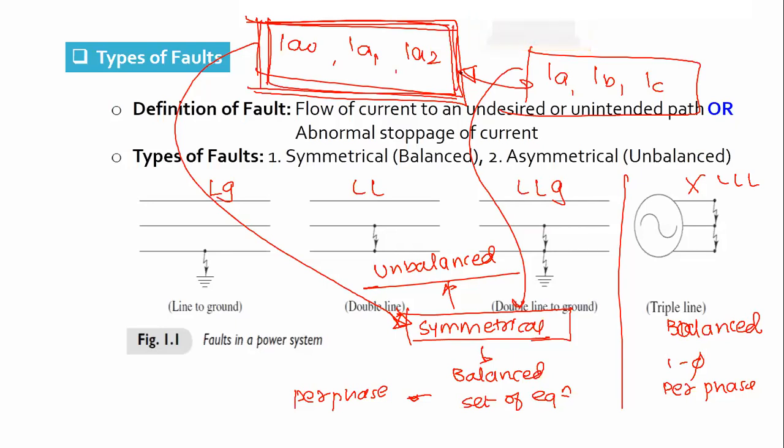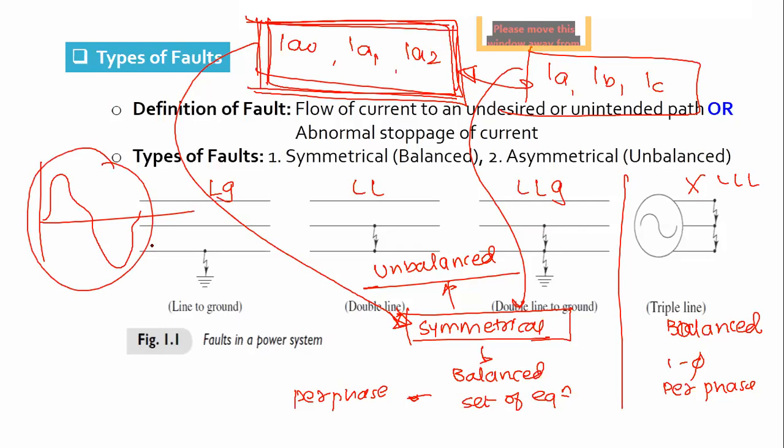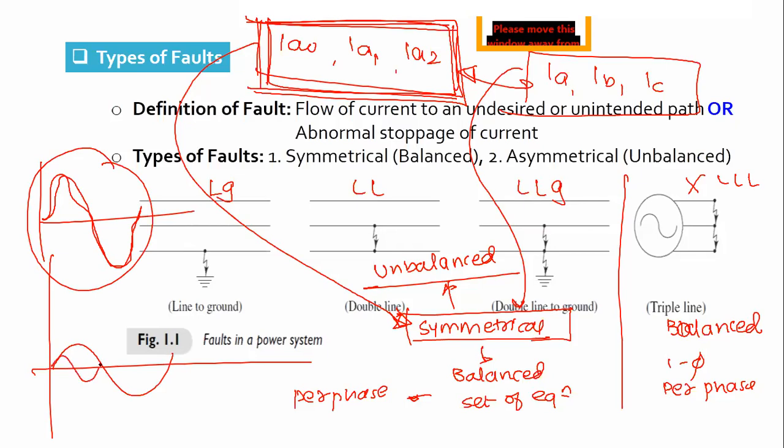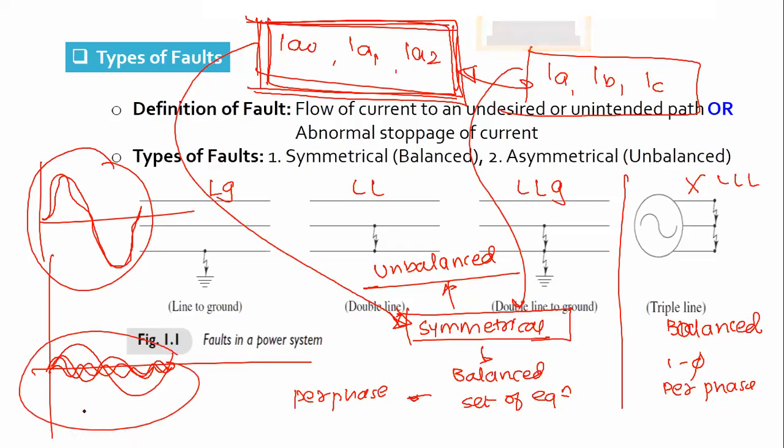It is as good as having a signal, and then you obtain the harmonics, and then you say that these are the harmonics present in the system. Actually, it is only a single current waveform, which we represent by a number of waveforms, and we call them harmonics. So we say that all these components are present in the system, but they are not present separately. They are actually part of this single waveform.